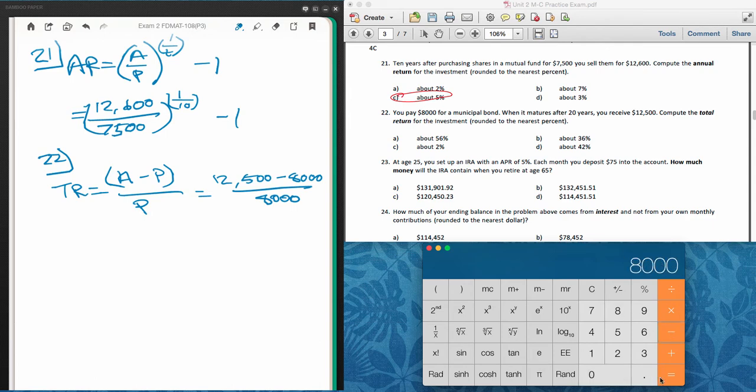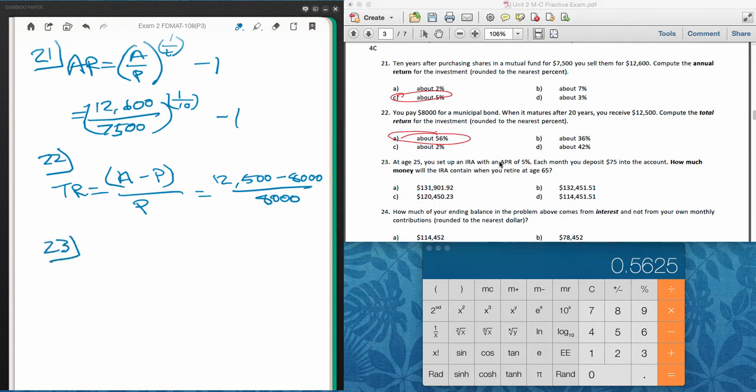We'll subtract the 8,000 and then divide it by the 8,000. And we have about 56.3%, so it says round to nearest percent, so about 56% is how much we made over the 20 years. So it's not a yearly average. And there we go, A is 56%. That's the answer.